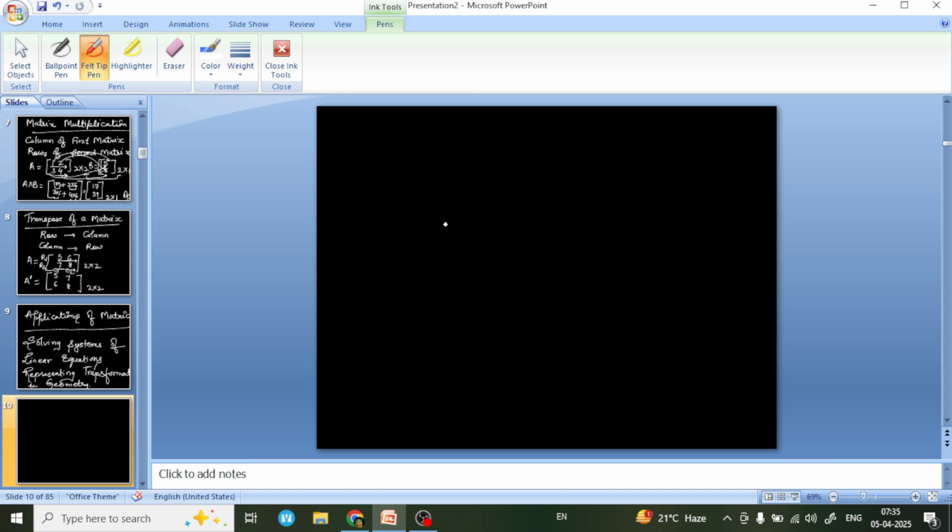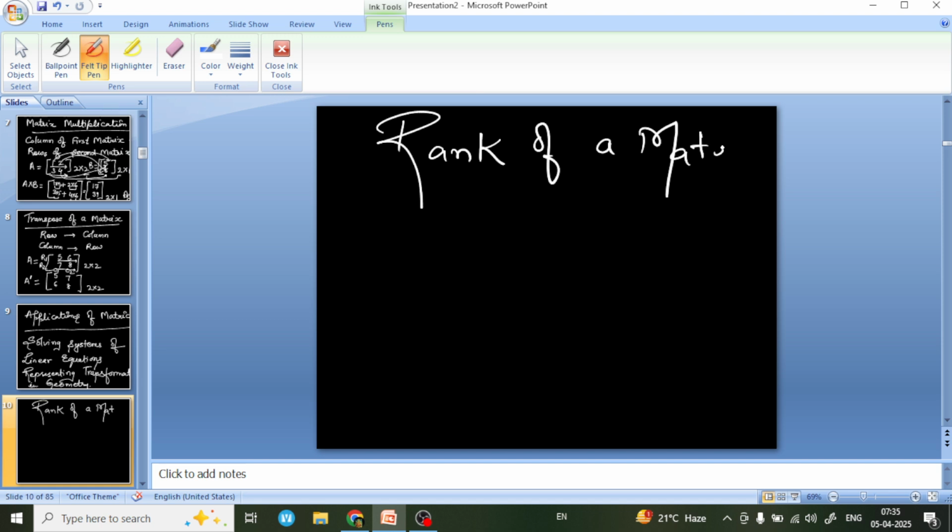Now we are discussing the rank of a matrix. What is the rank of a matrix?